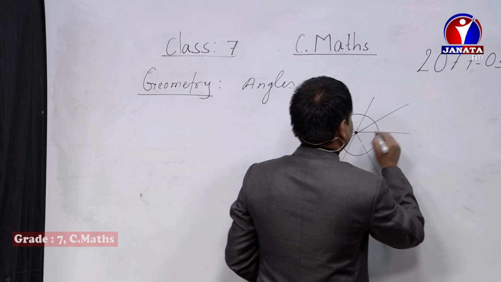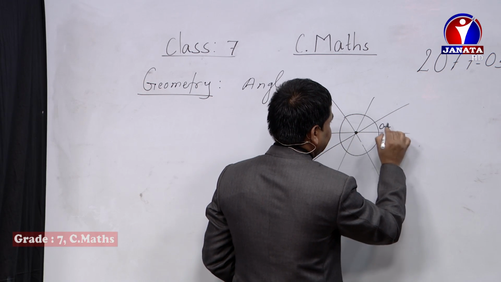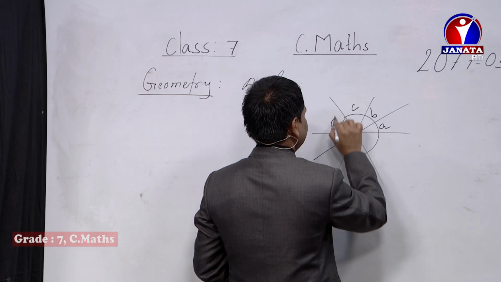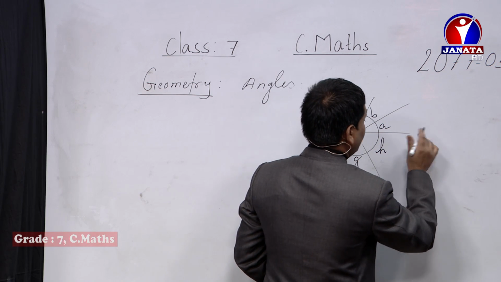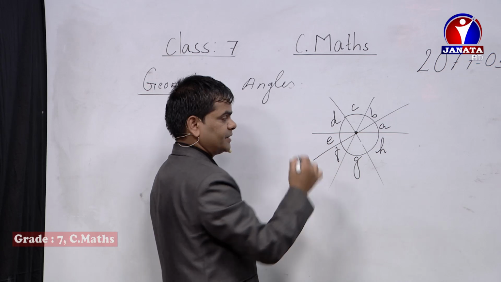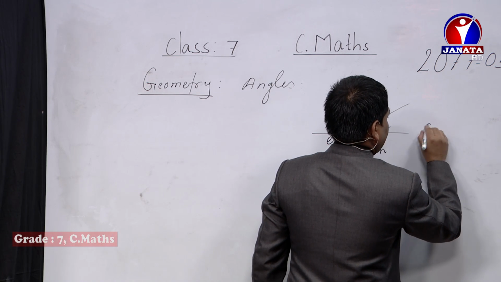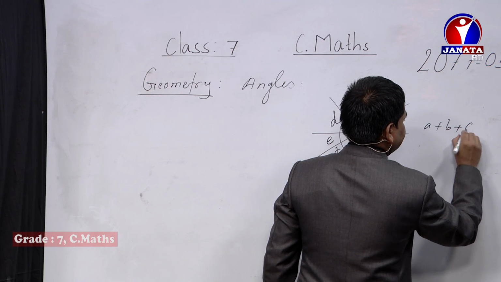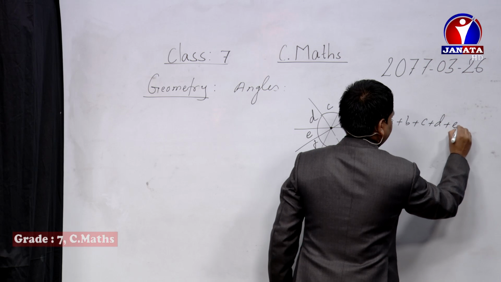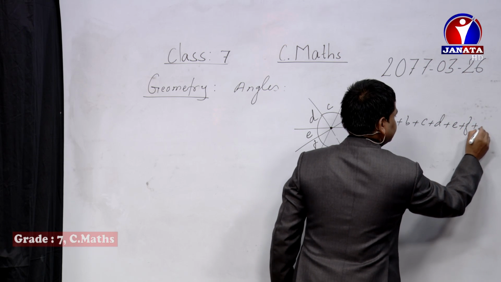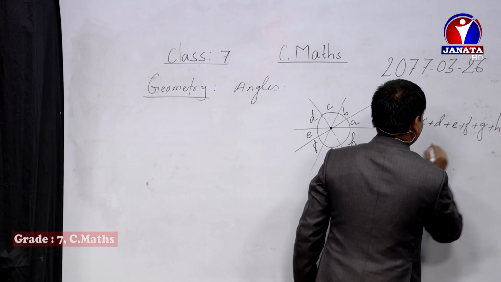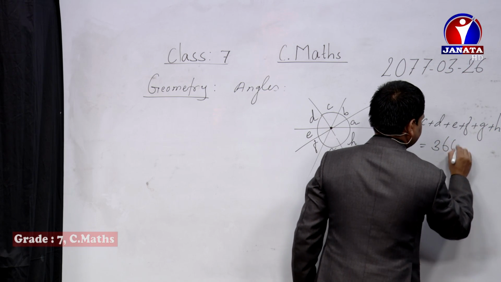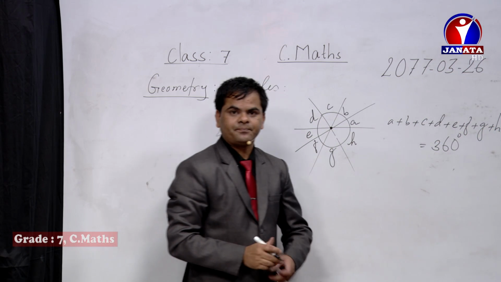For example, I'm going to keep this one as A, this one as B, this one as C, and D, E, F, G, and H. So altogether, if you combine together, dear student, A plus B plus C plus D plus E plus F plus G plus H, altogether this all angle sum becomes 360 degrees.